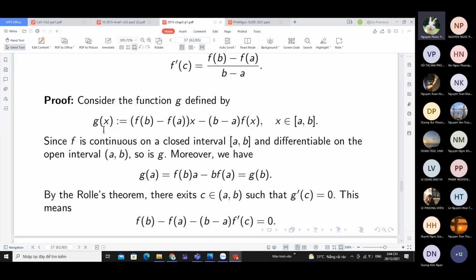We consider the function g because g'(c) equals 0 leads to f'(c) equals (f(b) - f(a)) over (b - a). You will see in some problems we use this argument. Okay, I will give you some examples later.